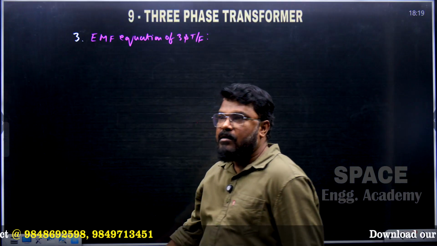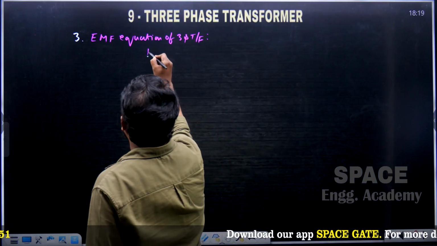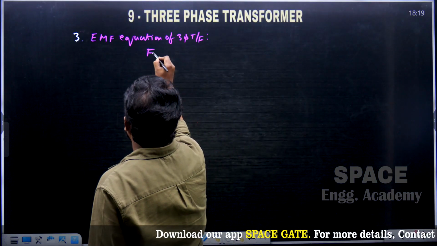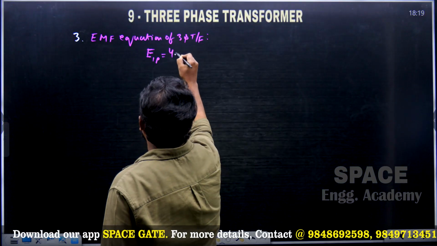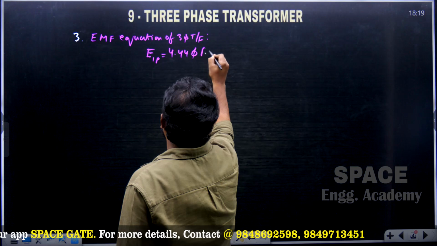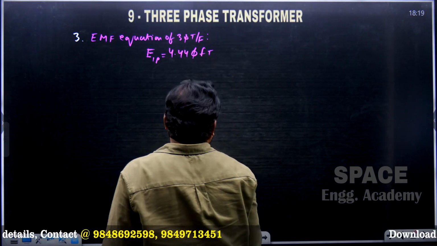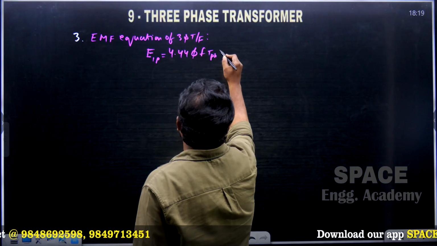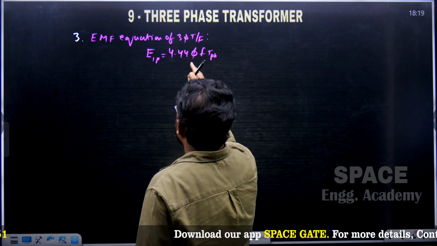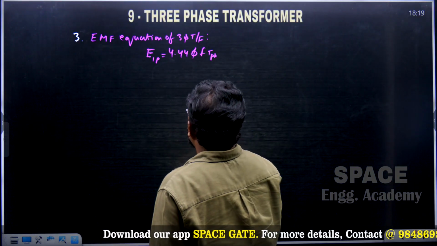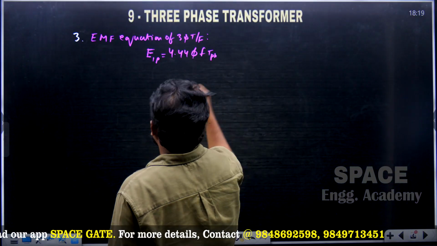It is mentioned on a per phase basis, so the EMF induced in the primary winding, E1 per phase, is equal to 4.44 phi f T per phase. Here T is the number of turns, phi is the flux, and f is the frequency.